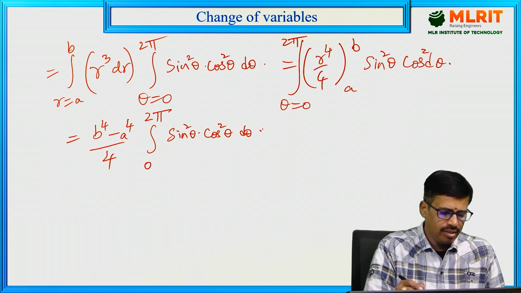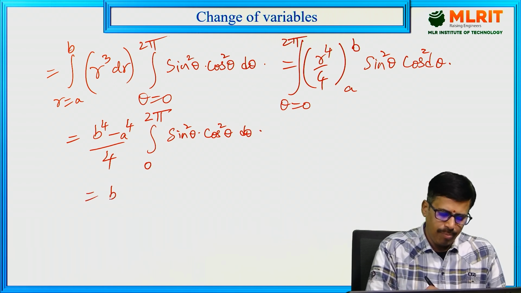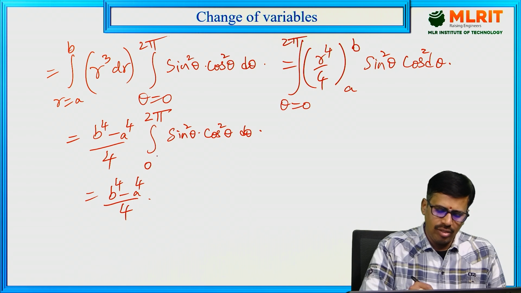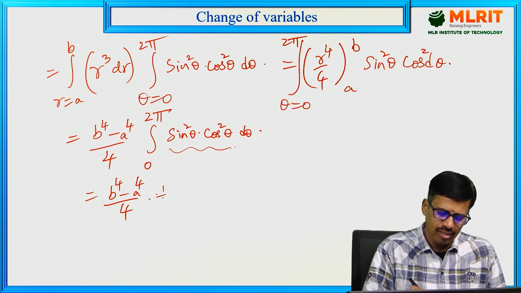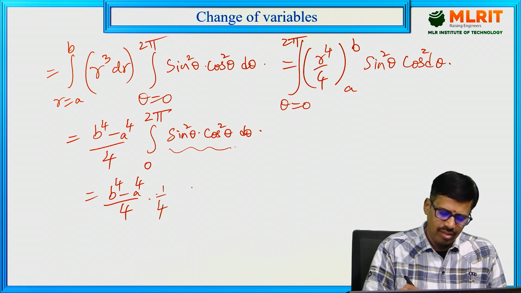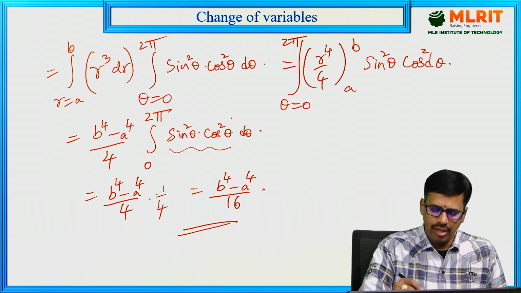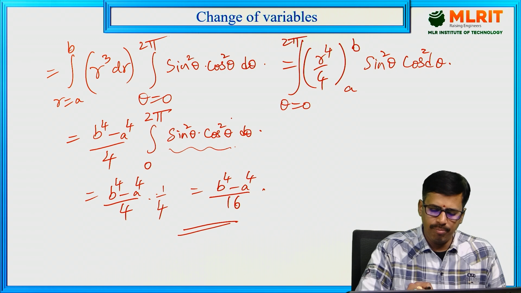So we get b power 4 minus a power 4 by 4 integral, this value already we have seen, so b power 4 minus a power 4 by 16 integral 0 to 2 pi sin power m theta cos power n theta.